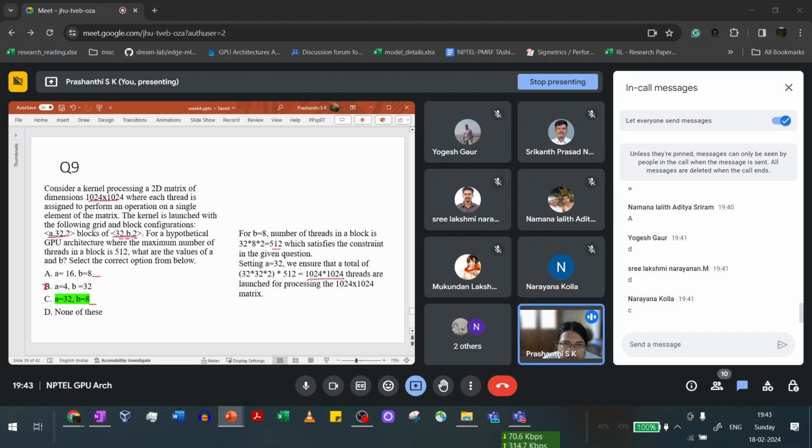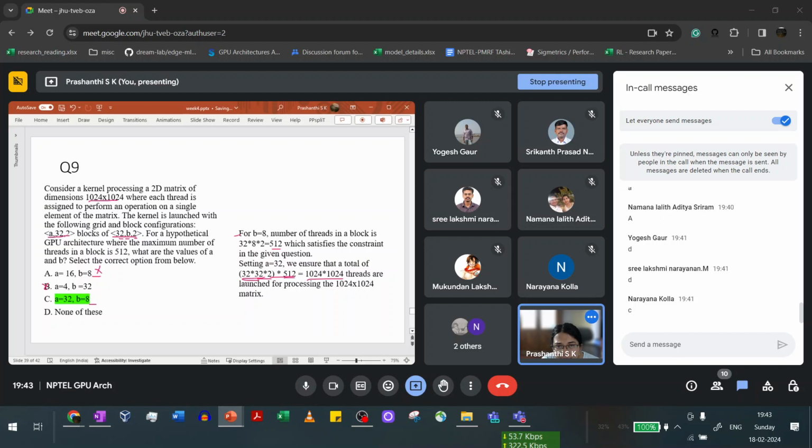So 1024 into 1024 is on the right, and you have 32 into 2, and if you take option C, you get 32 into 32 into 2 and 32 into 8 into 2, which is 512. So this becomes 1024 and this part becomes 1024, which matches this, which is not the case in A, which is why it is eliminated, because this is 16 into 8, which would be lesser than this, by definition. So C becomes your correct answer.